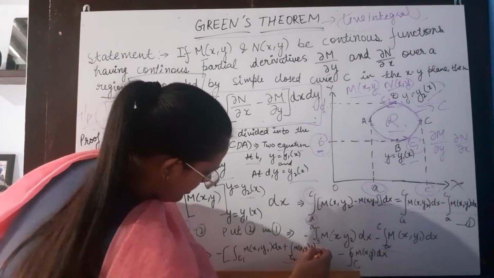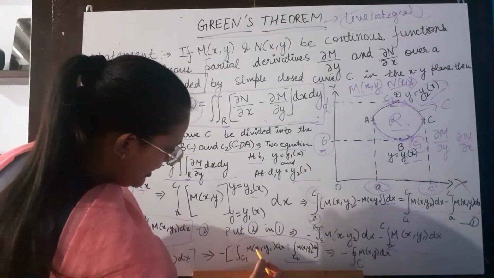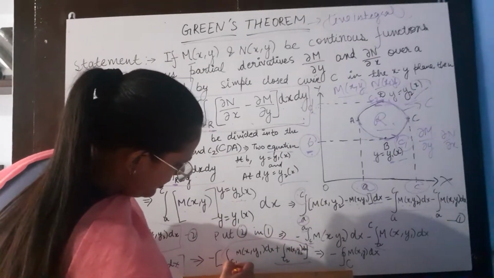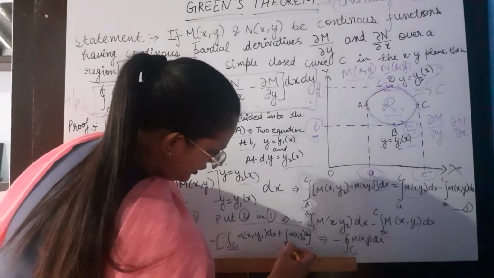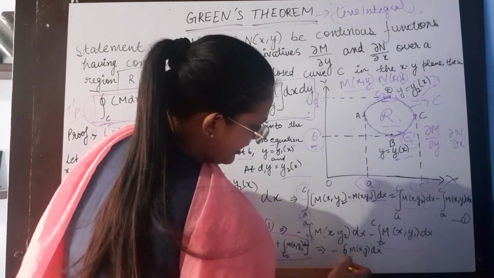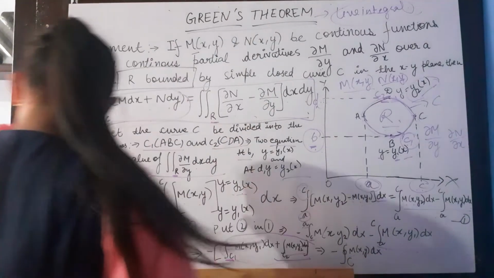When we add the integral of M(x,y1) dx along the curve C1 and the integral of M(x,y2) dx along the curve C2, we get the line integral along the full curve C of M(x,y) dx.